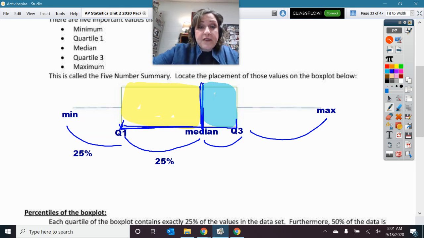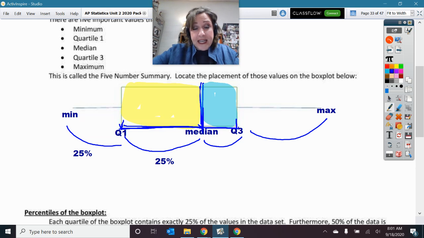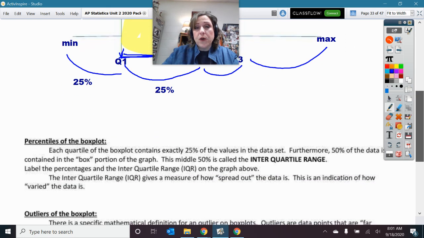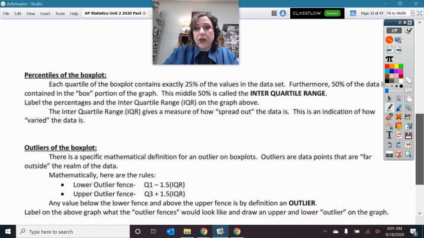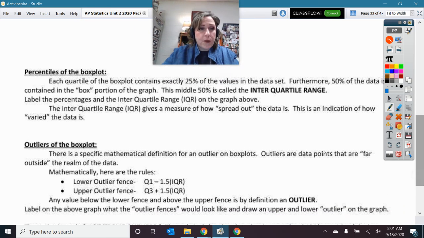So these 5 pieces of data in this second quartile, which is from Q1 to the median, is more varied than the 5 pieces of data in the third quartile from the median to Q3. So paying attention to that variability of that data set. The box plot can also give us an indication of the shape of the data, and we'll talk about that more in the next lessons, talking about the shapes.